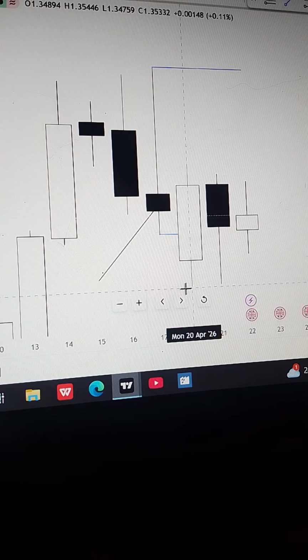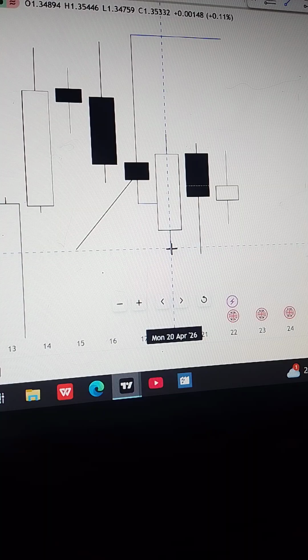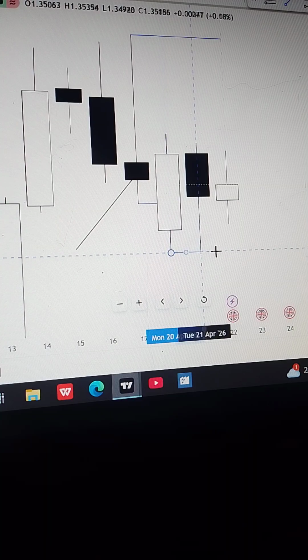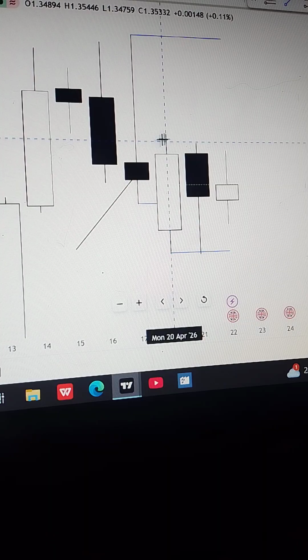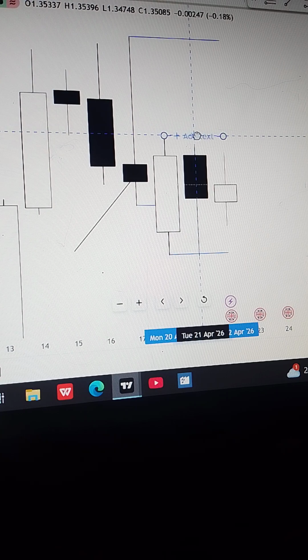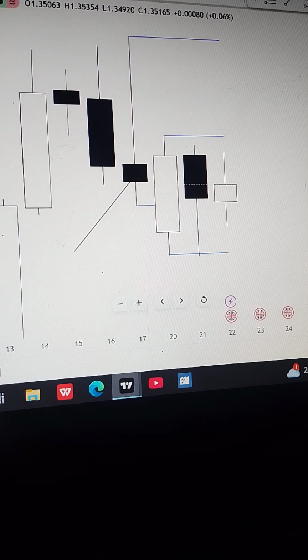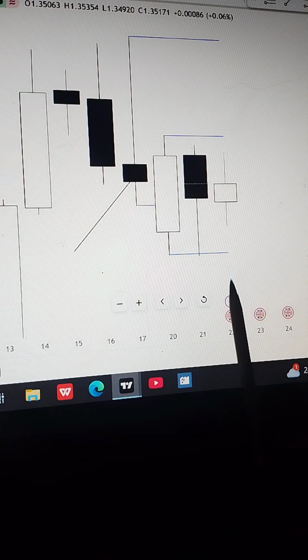Then you mark the low of that candlestick, that the previous candlestick closed in between it and the high. After marking the low and the high, you will be trading this candlestick since it is a continuation.